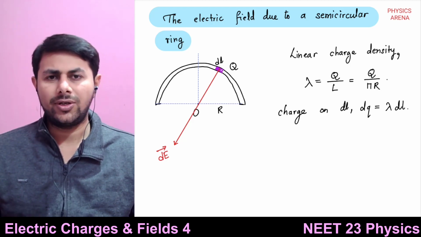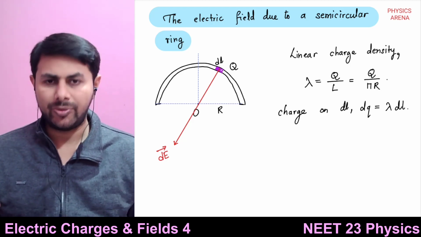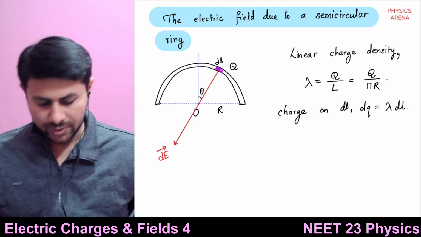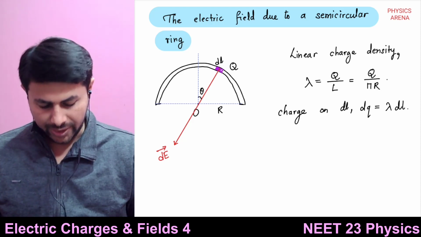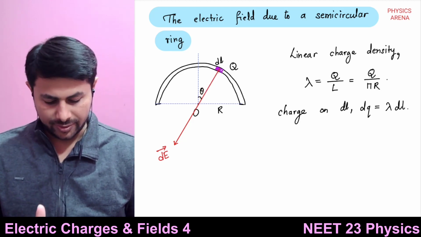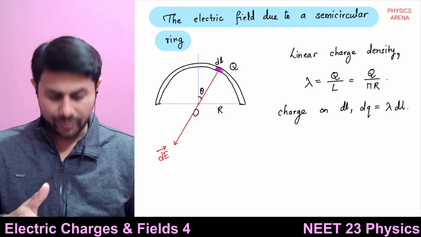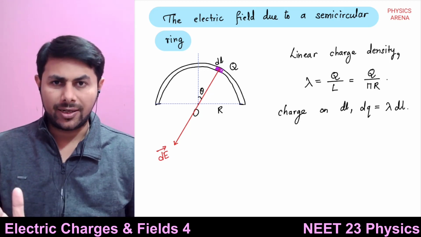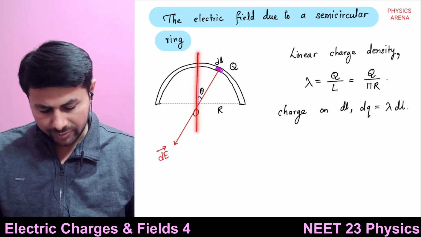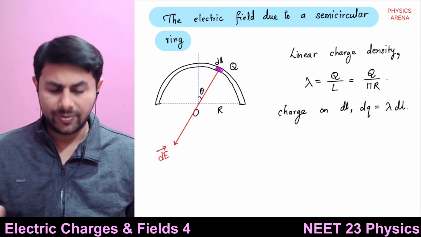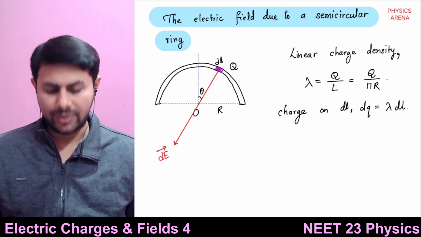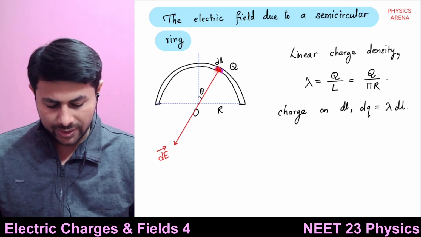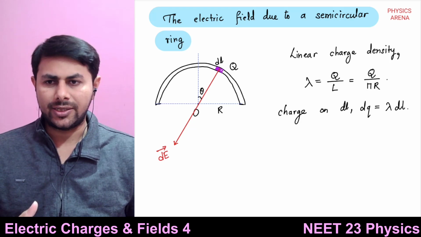Now we can resolve it along two components, but before that, if we join a line from the midpoint of this length element to the center of the ring, it makes some angle theta with this vertical line, let's call it the y-axis. Now we have this length element on one side of the ring.